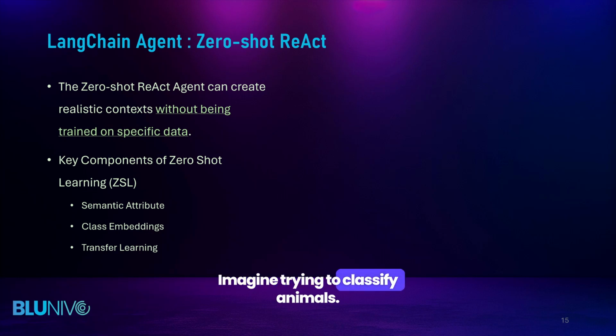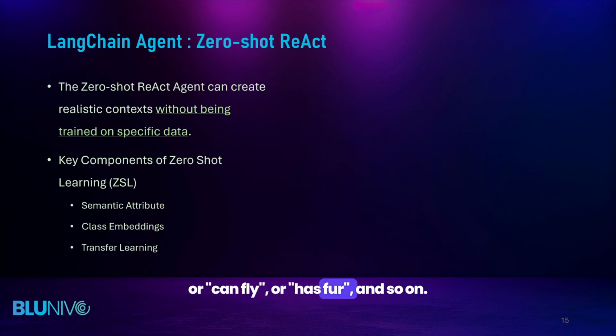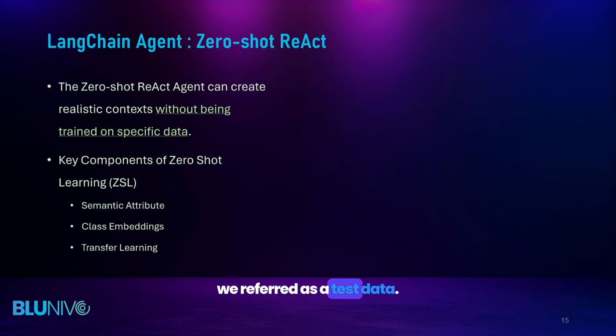Imagine trying to classify animals. You probably use attributes like this object has feathers or can fly or has fur and so on. And these attributes help define both the animals you've seen, which is coming from the training data, and the ones you haven't seen, which we referred to as test data.